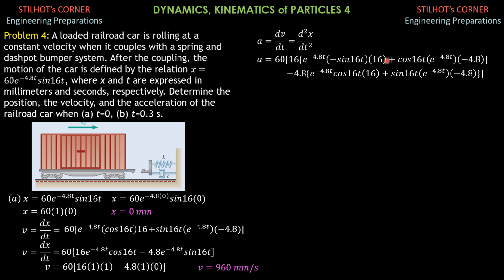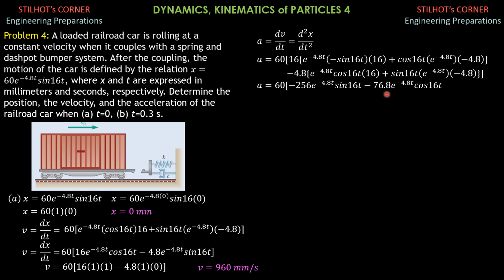So simplifying, combining, so a is 60, quantity negative 256 e to the negative 4.8t sine 16t, then minus 76.8, where 76.8 is 16 times negative 4.8.